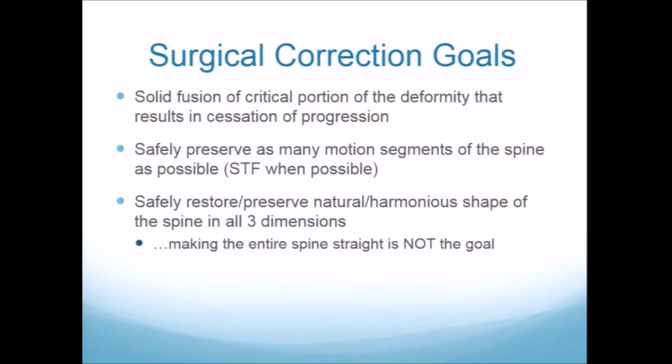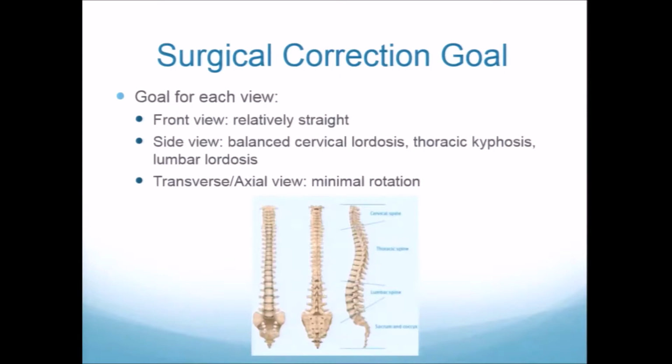This goes into when do you do surgery, and who do you do surgery on, and whether it makes a difference if you wait till next year, next summer. Is it going to change how much motion you can preserve? And in addition, to safely restore or preserve this natural or harmonious shape of the spine, which we've talked about in this three-dimensional contour.